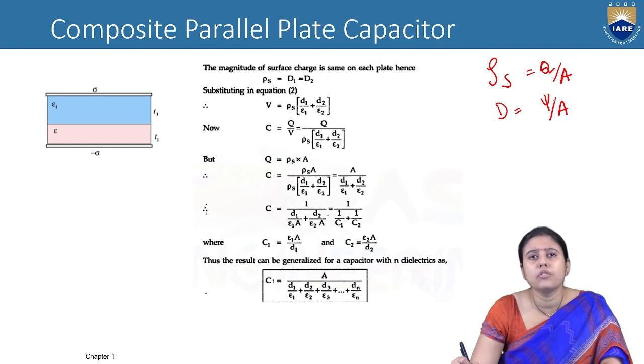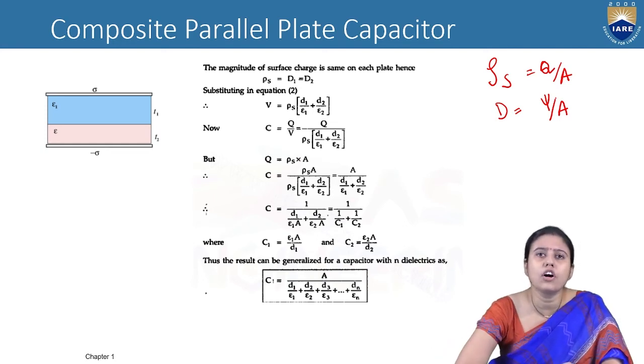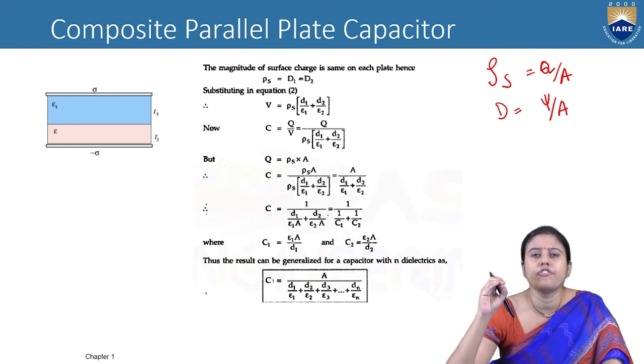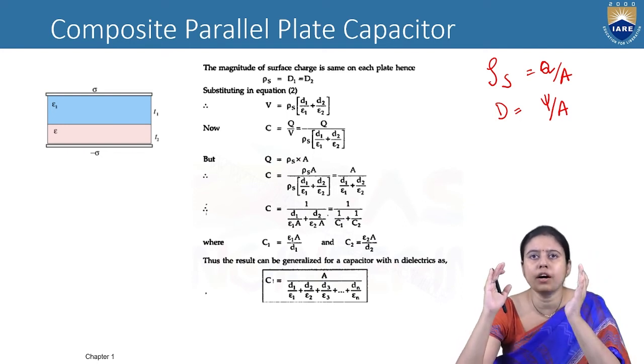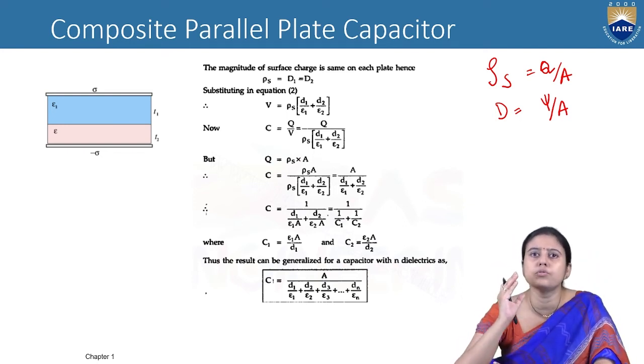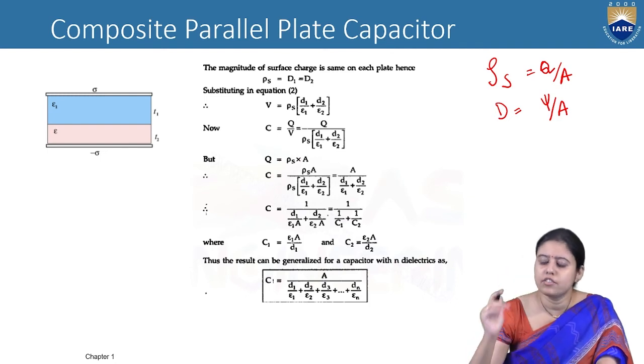Now, according to Gauss law, what does the Gauss law say? The number of electrical lines of force equals the charge enclosed in a closed surface. The number of charge is equal to the number of lines of flux.